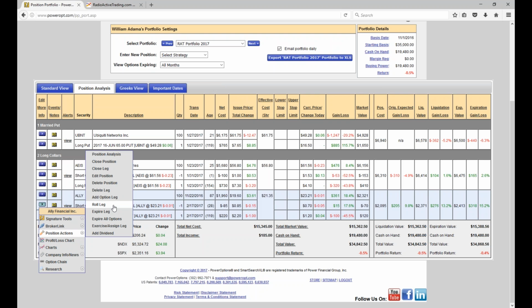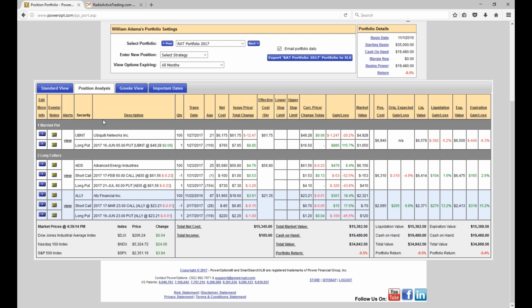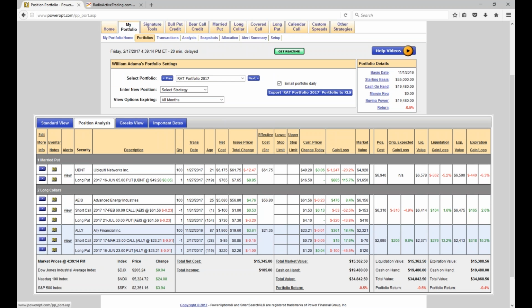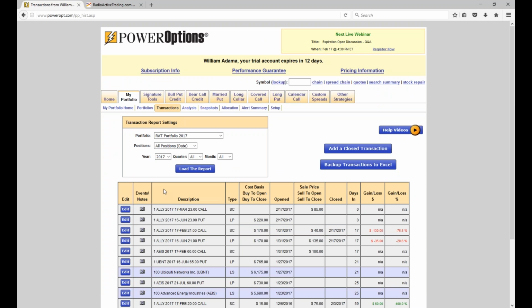I can put in rolling the leg immediately or do different things of that nature. But anytime you have a position that's open, you edit it in the portfolio. If it hasn't been closed, it hasn't expired, you'll edit it here. All the other edits will be done in the transactions menu. So you can't do it from that analysis tab under the portfolio, David. You do it from the transactions.